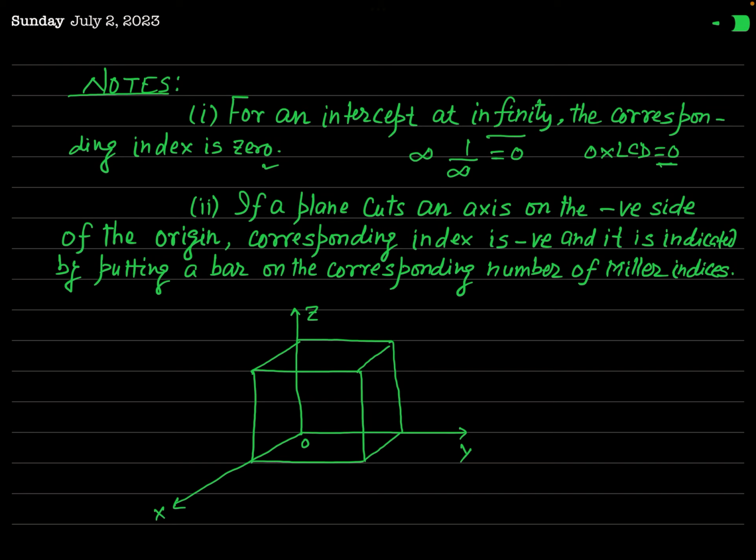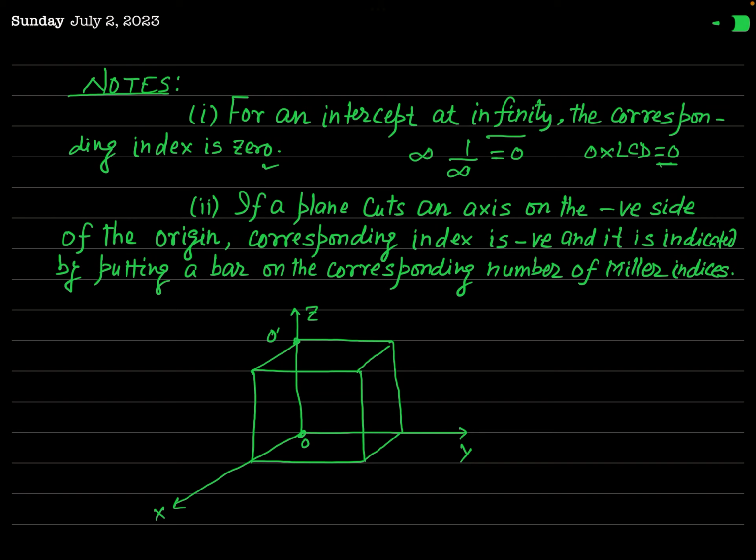As you can see in this figure, if this origin O is shifted to this point, let us say O dashed, then the coordinate of this point O will be taken negative. And in that condition, a crystallographic plane will intersect any crystallographic axis at a point whose intercept will be negative.